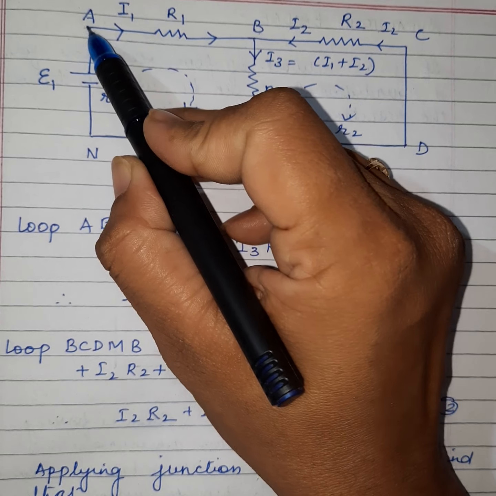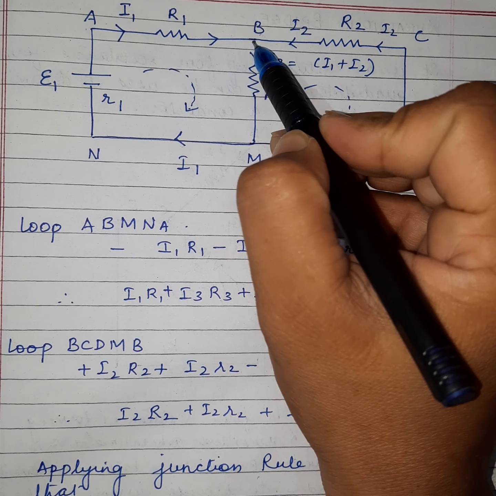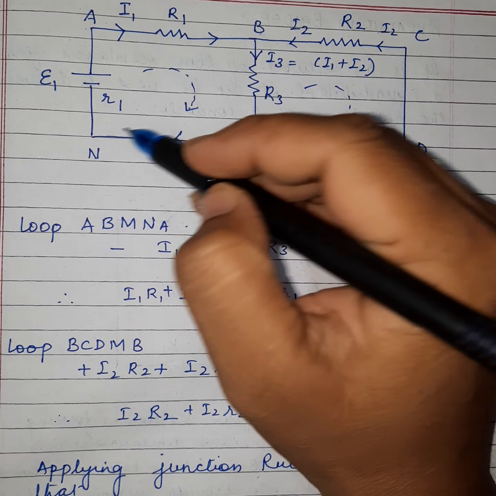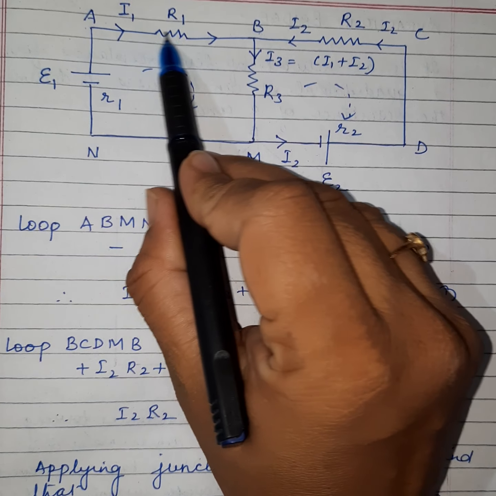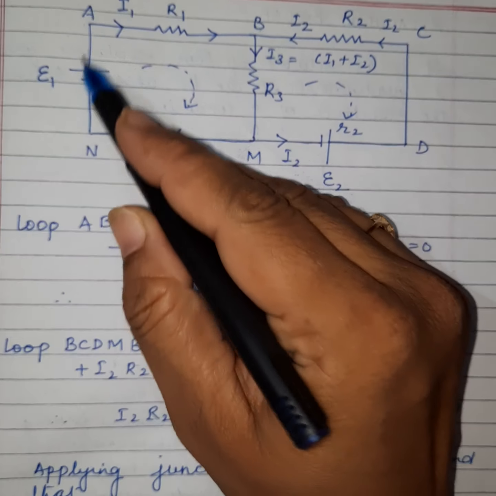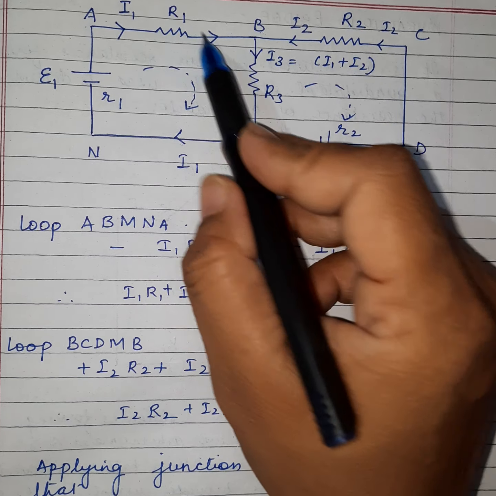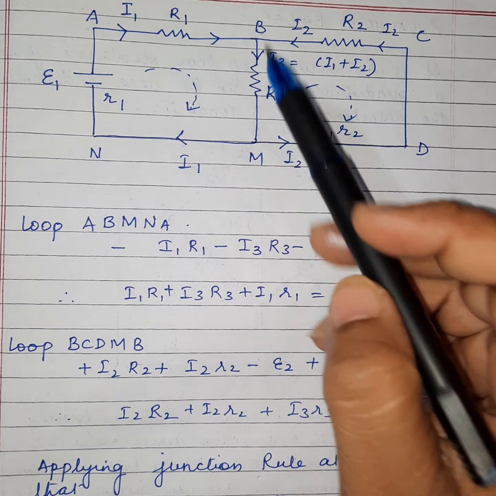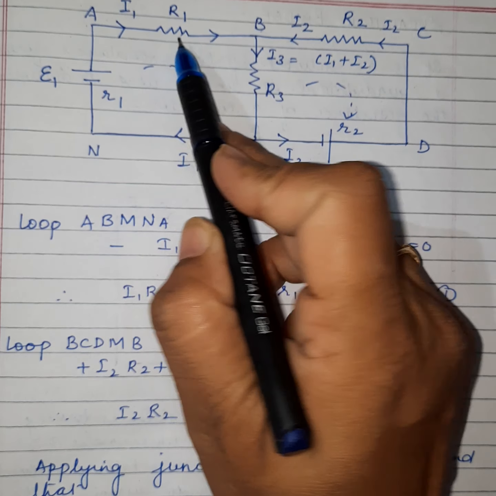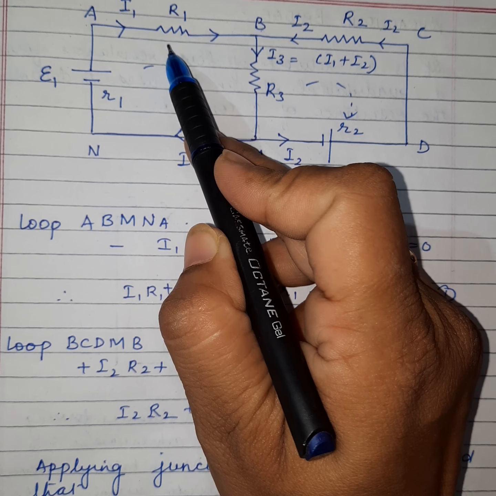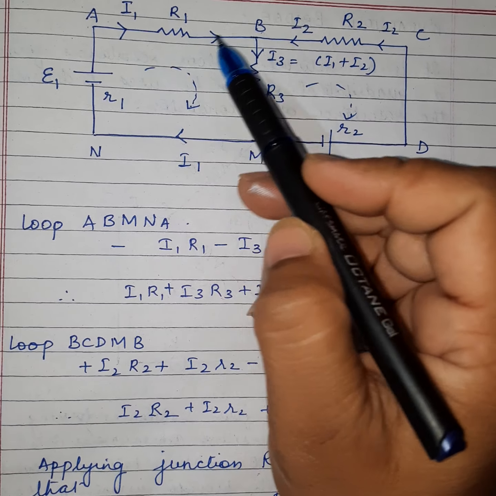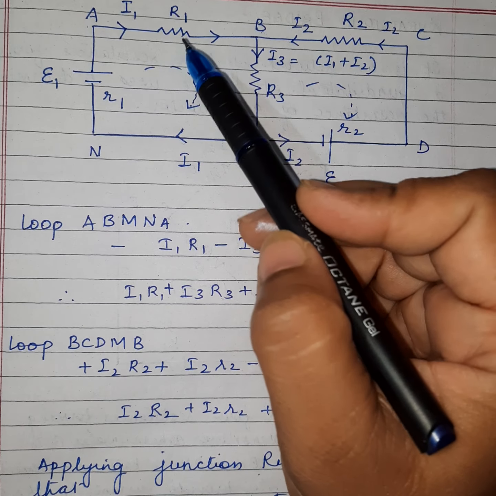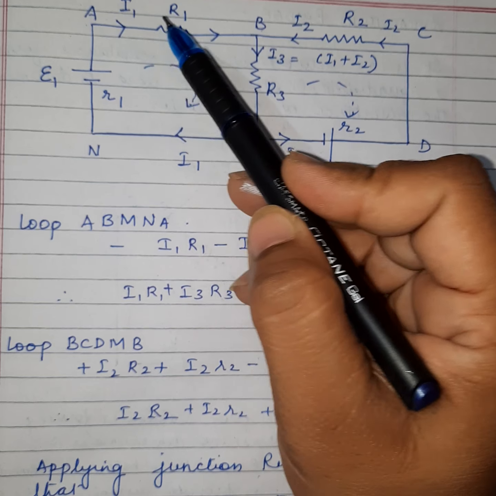Here we are moving from A to B, B to M, M to N, N to A. Because we are traveling along the direction of current, the products of current and resistance are taken as negative.